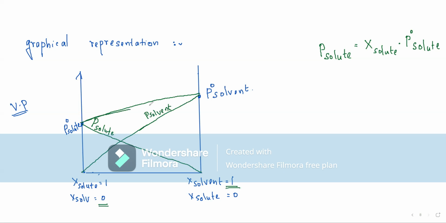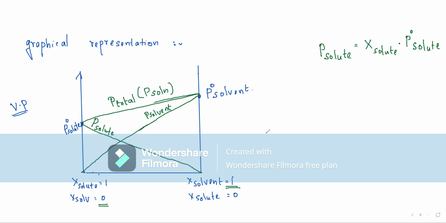So this is a straight line. This top line represents P total. P total is nothing but P of the solution, the pressure due to the solution. So the pressure due to the solution is the sum of the partial pressures due to solute and solvent.